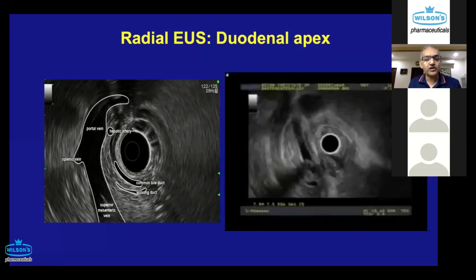That's a small trick: you have to move away from the duodenum and try to fill the gap between the transducer and the duodenal wall with water, if you're not able to see the bile duct in the first go. And below the common bile duct is the pancreatic duct. So all three, two ducts and the portal vein stacked together, is called a stack sign.